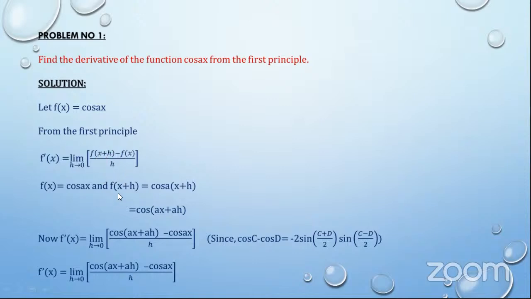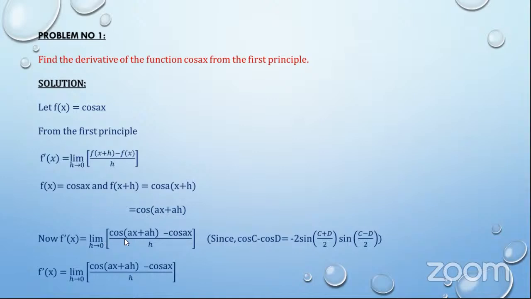In the place of x, replace x by x plus h. So cos a into x plus h equal to cos of ax plus ah. f of x plus h equal to cos of ax plus ah.